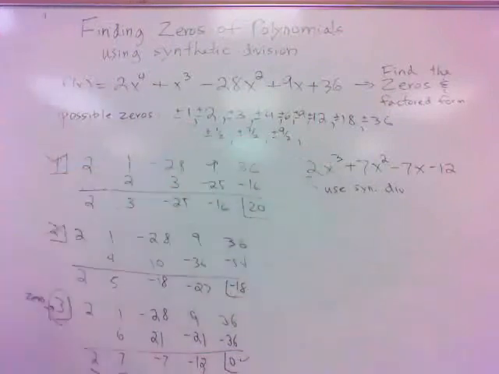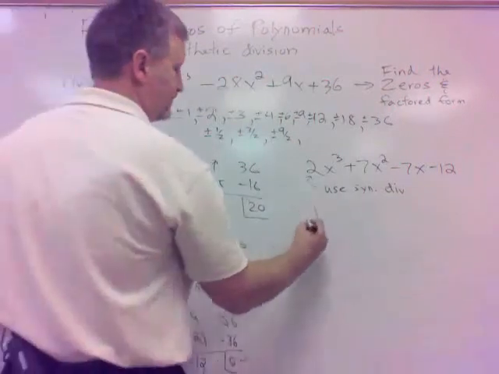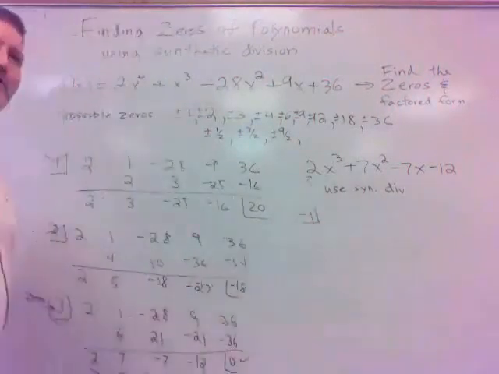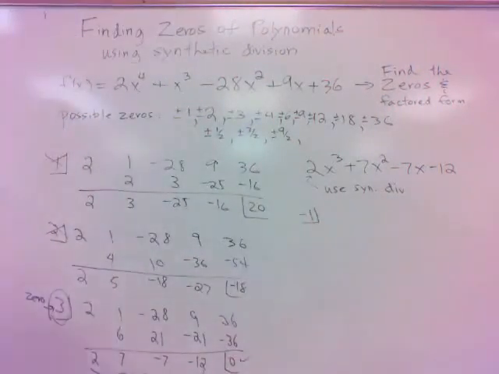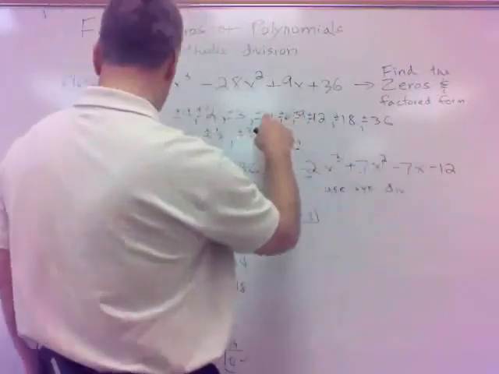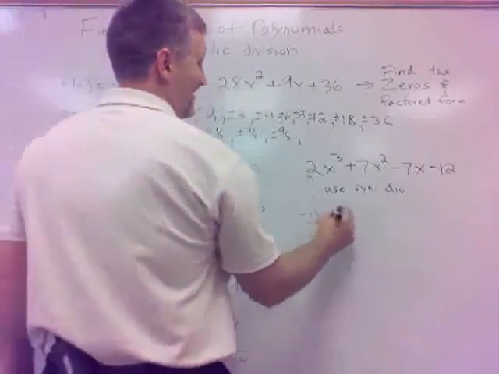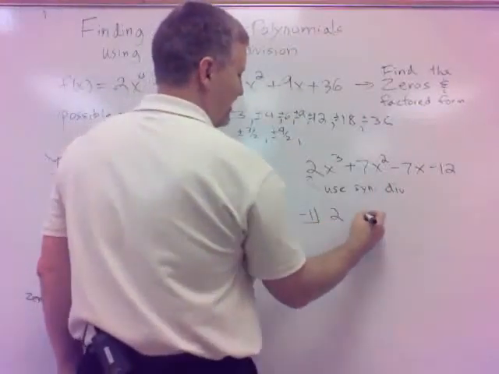So 1 and 2 are off the list. Let's try negative 1, just on a wild hair, because we know there's probably some negatives. I guess I could try 4 and 6, but let's try negatives. All right, negative 1.